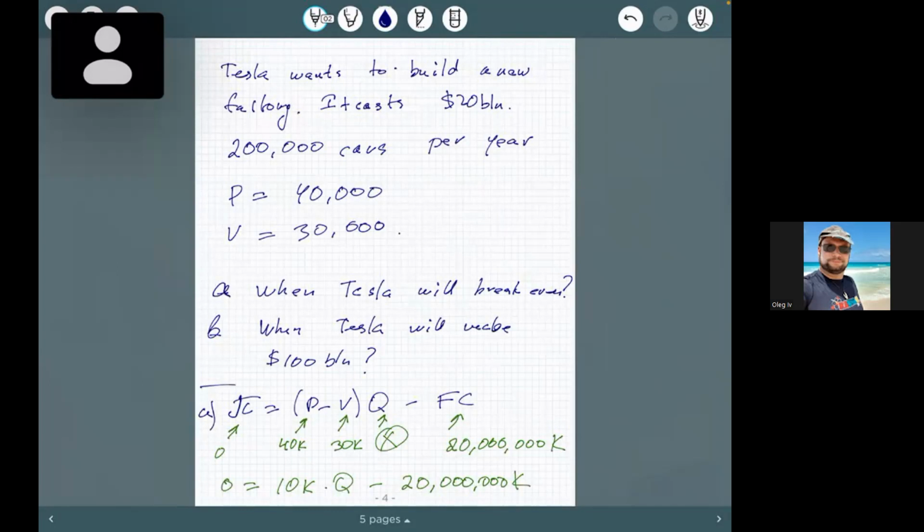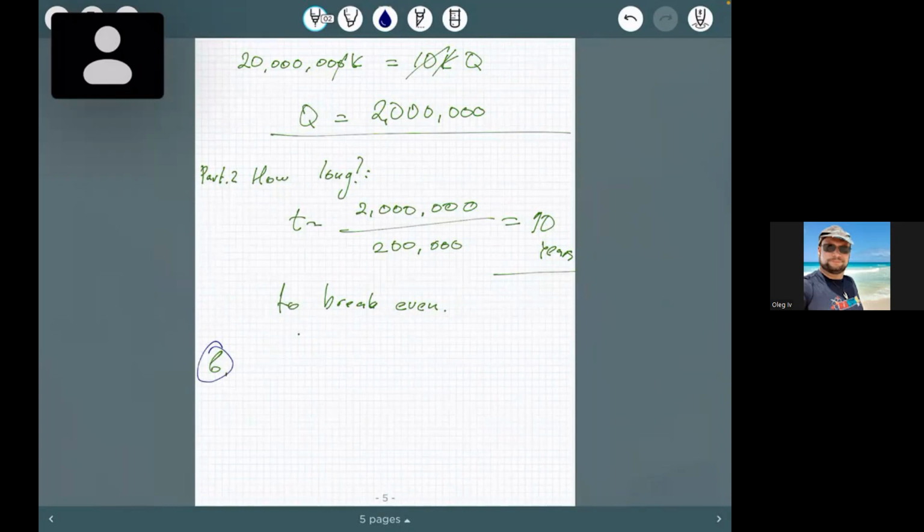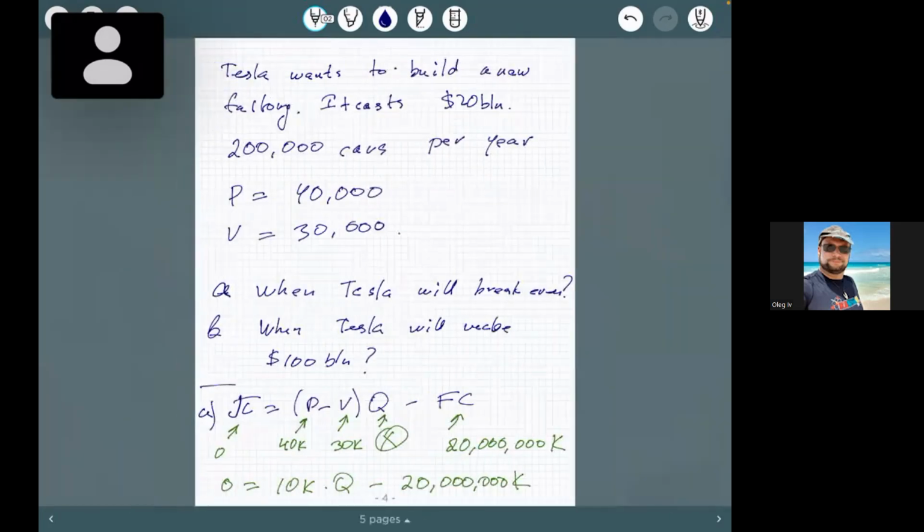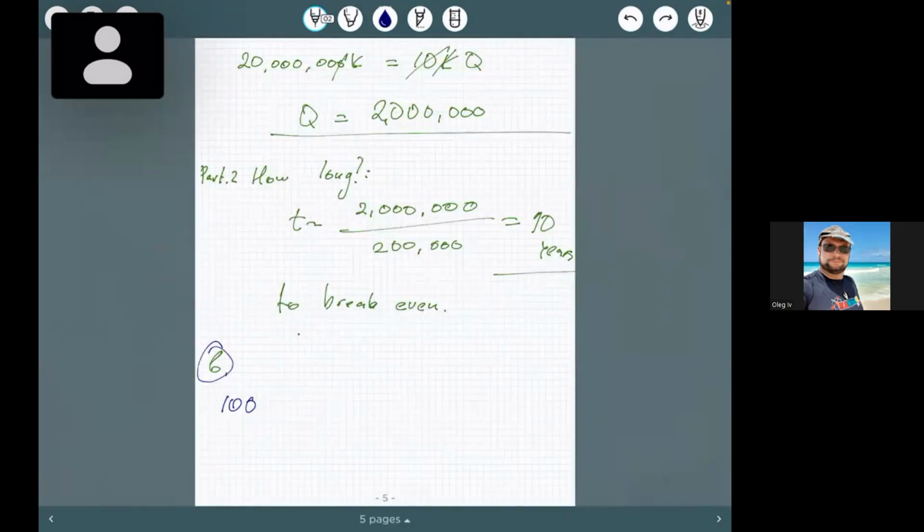So we have pretty much the same problem. Instead of 0, we put 100 billion. Here's the formula, the same formula, just instead of 0 here, it's 100 billion. We already simplified: 10,000 Q minus 20. Okay, let's use 20 billion.